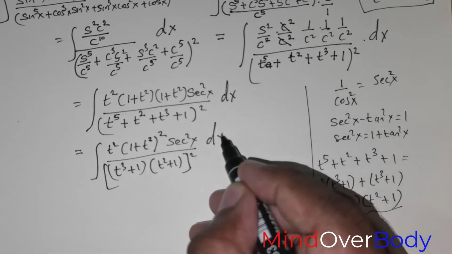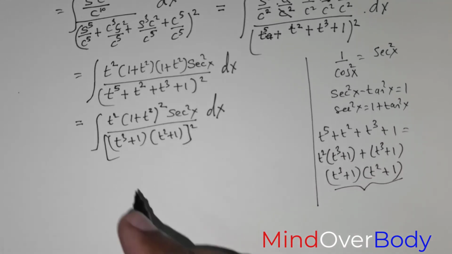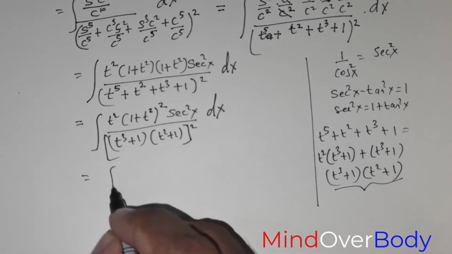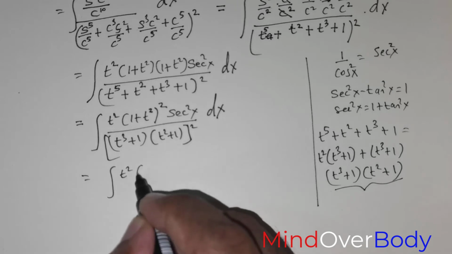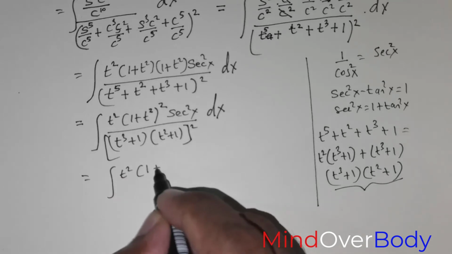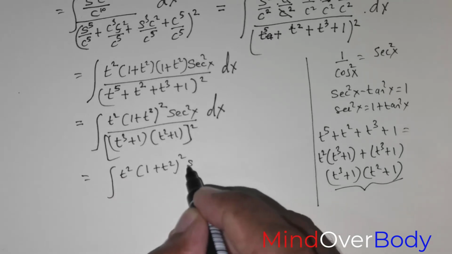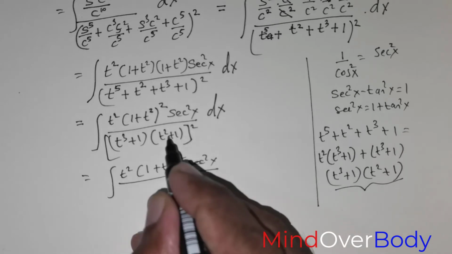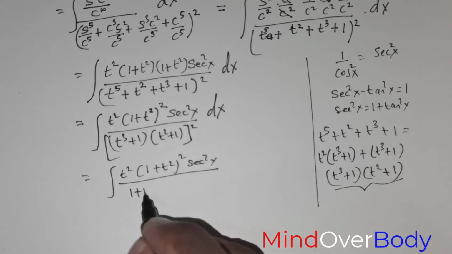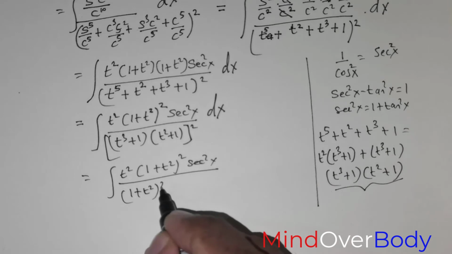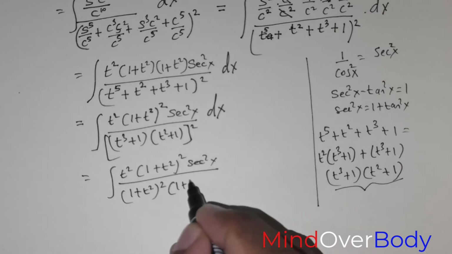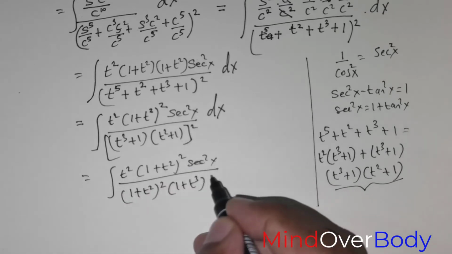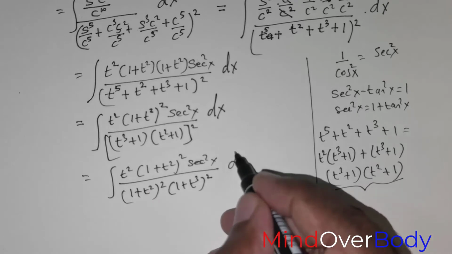Of course we have the differential operator dx. So this is equal to t squared times 1 plus t squared raised to the power of 2 times secant squared x. Now I'm going to rewrite this as 1 plus t squared raised to the power of 2 times 1 plus t cubed raised to the power of 2 times dx.